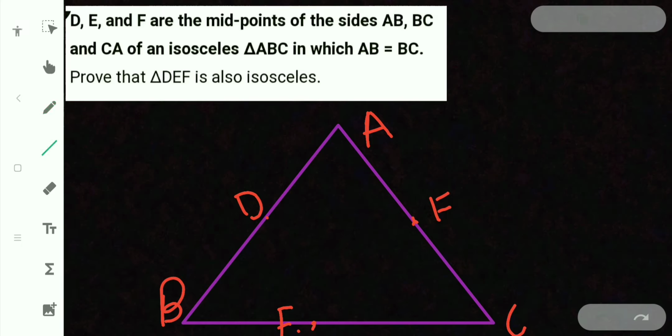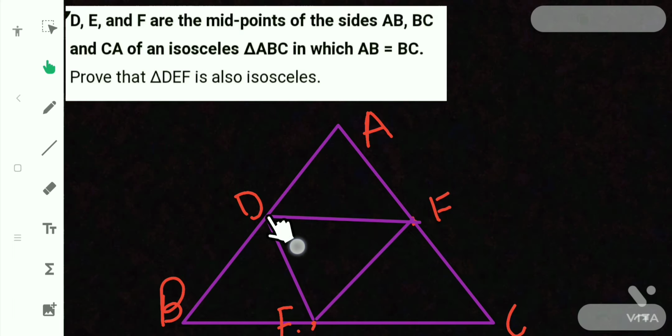So now we have to join these sides. It is like this. Okay. Now what they are asking to prove is DEF.